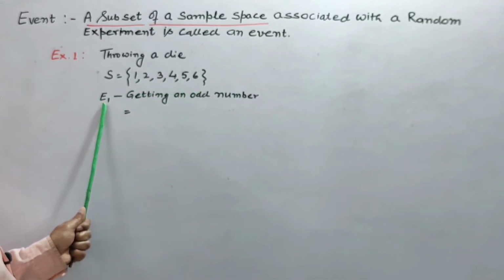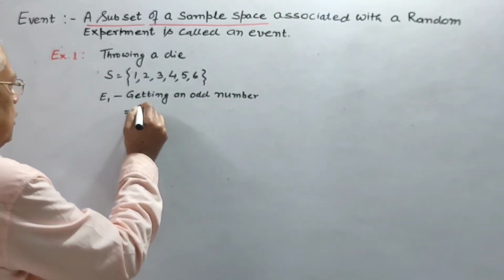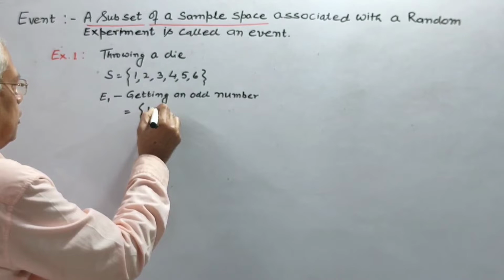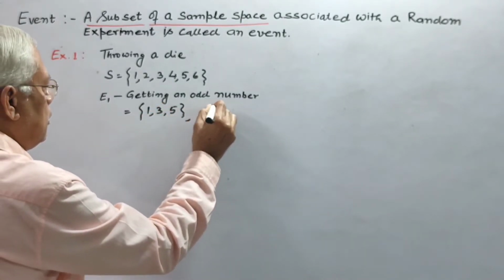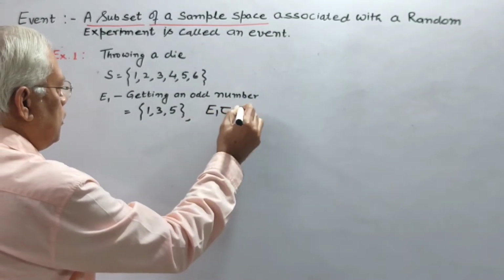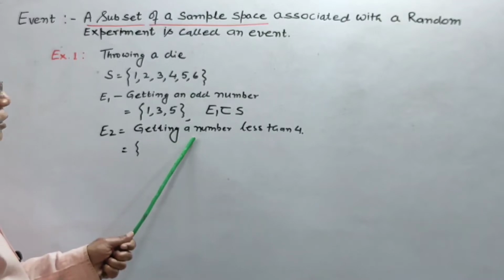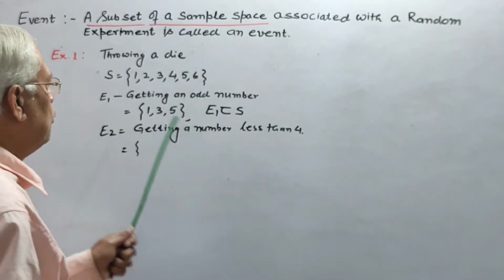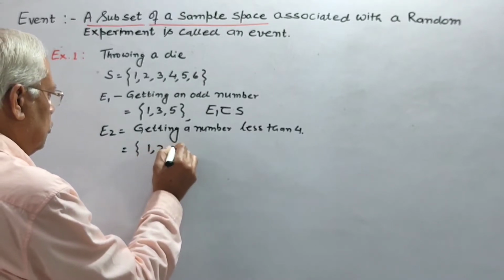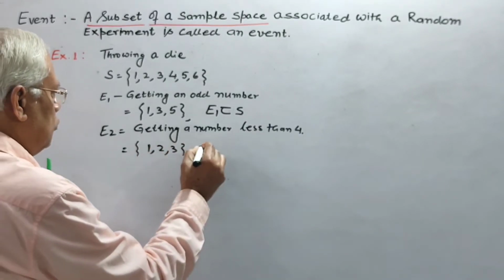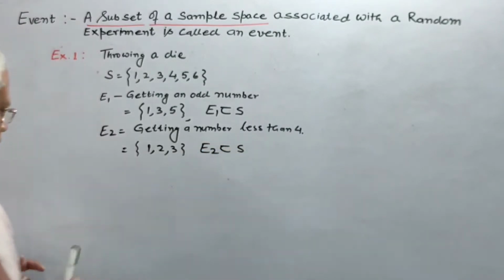Suppose E1 is the event getting an odd number. Then elements of E1 will be 1, 3, 5. You can see clearly that E1 is the subset of sample space S. E2 is the event getting a number less than 4. Number less than 4 are 1, 2, 3. So, again E2 is the subset of sample space.